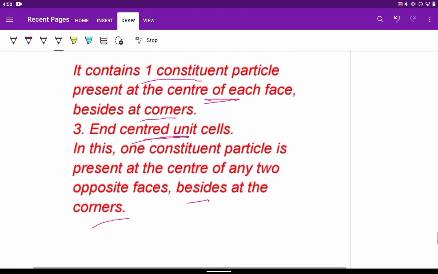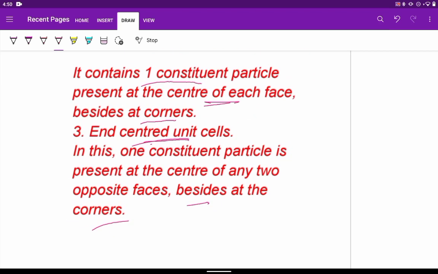So this is all about crystal lattices and unit cells. I hope you could understand these points along with the diagrams I have shown.